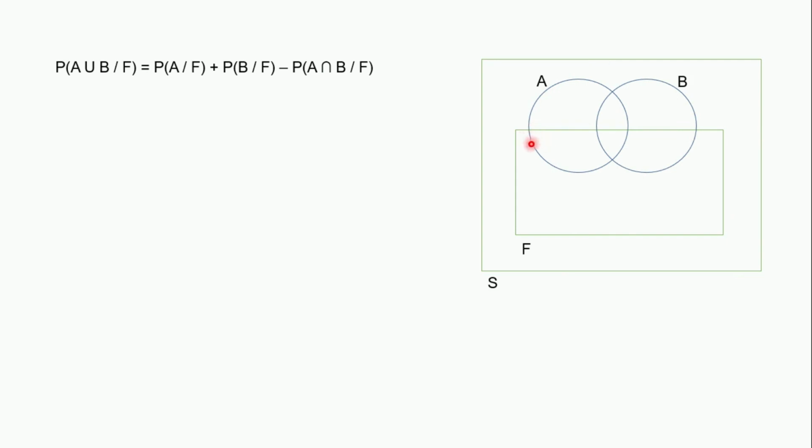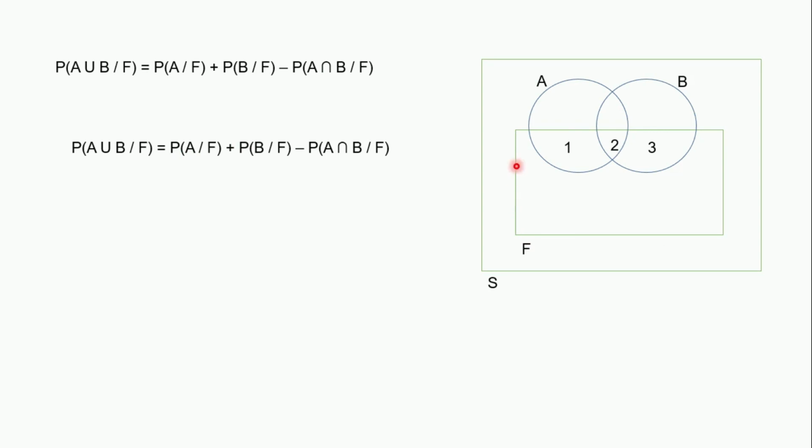For this we need to consider this part, that is part 1, part 2 and part 3. This is what we wanted, means part 1, part 2 and part 3 is the probability of A union B, given that F has already happened. Now this is the formula. Now what is the probability of A given that F has already happened? This is the entire A part and this is the F part.